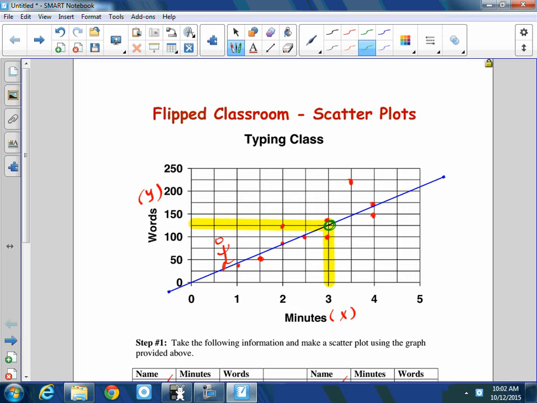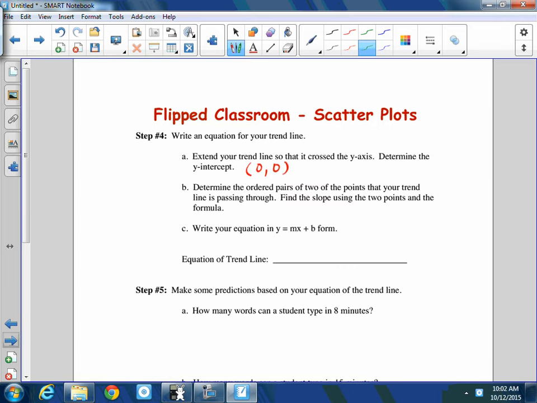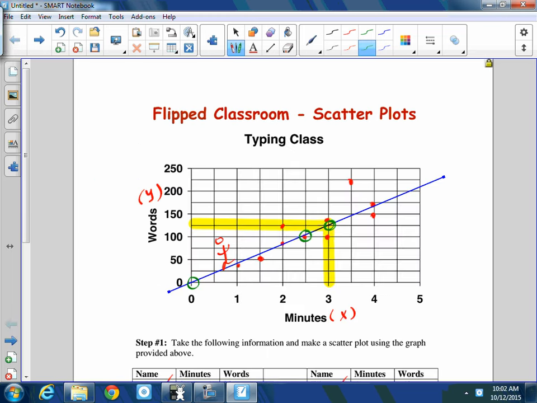Let's go ahead and use the 0, 0. So one of my points is 0, 0. The other point that is really easy to see would be 3 and 120.